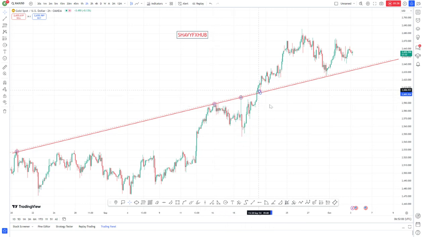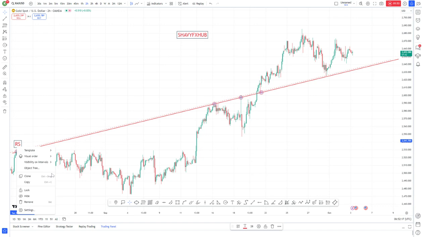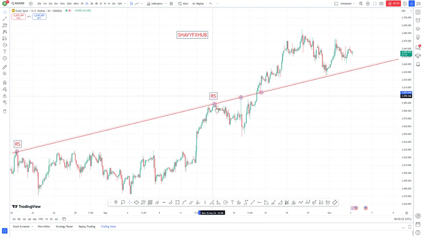a break of a resistance level. We'll have double retest on this level. So we're going to label it ROS, ROS, ROS.